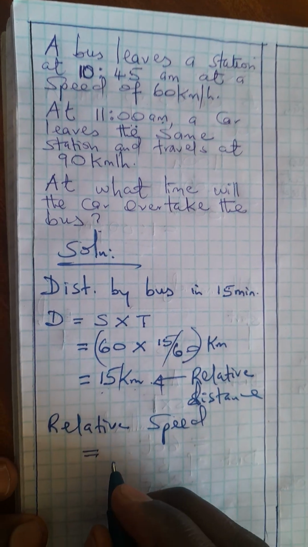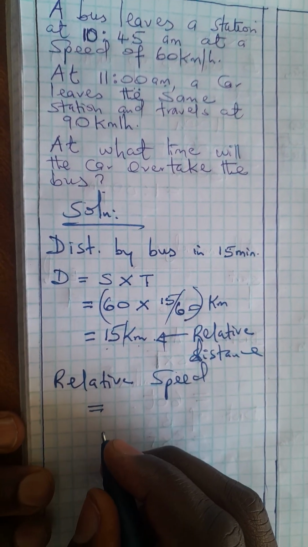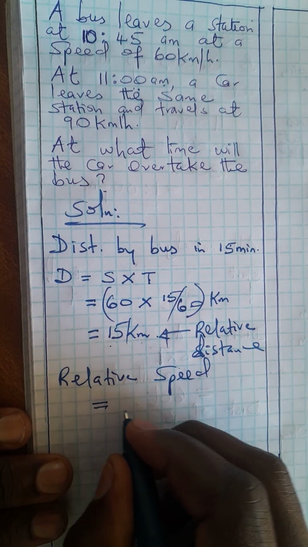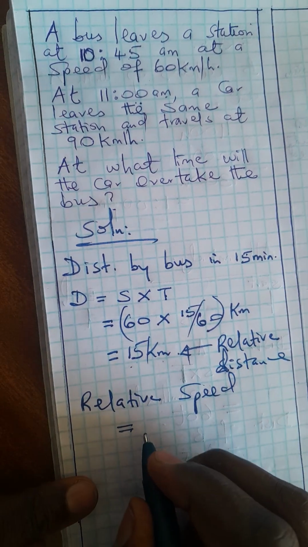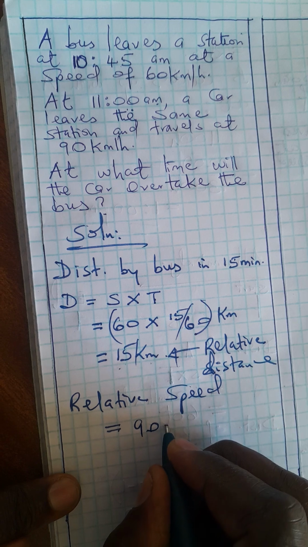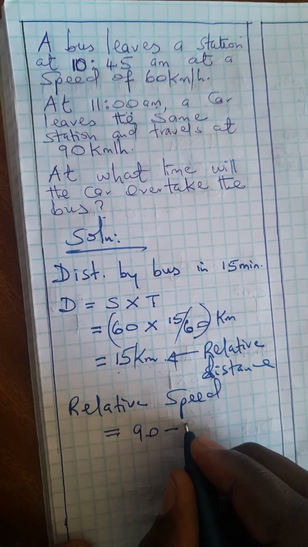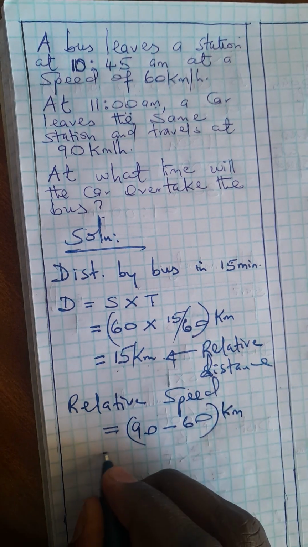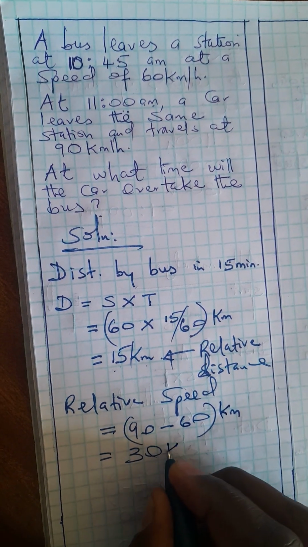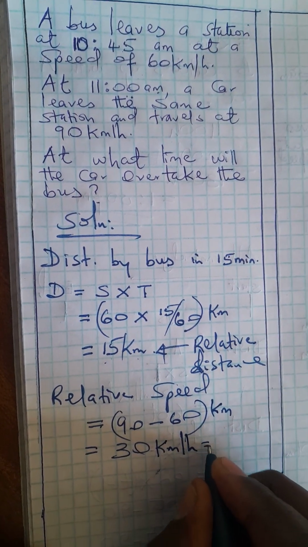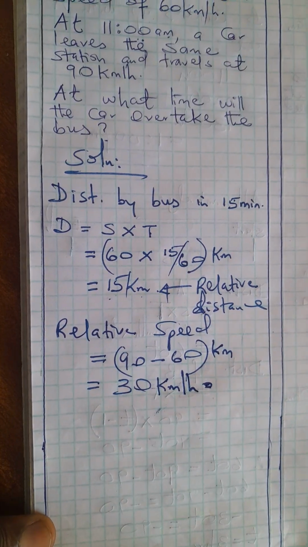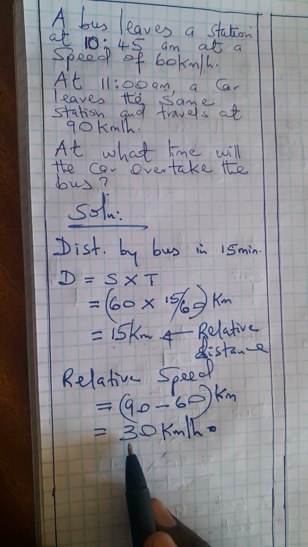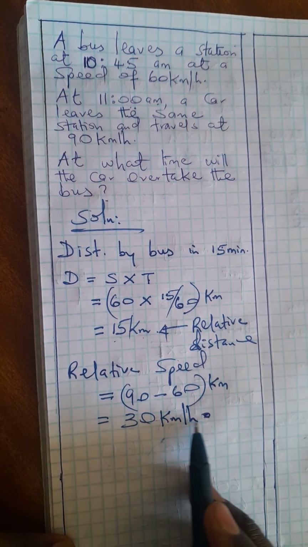If vehicles are moving in the same direction, the relative speed is the difference in their speeds. So the higher speed minus the lowest speed, that is 90 minus 60. This gives 30 kilometers per hour. So when you observe from the car or from the bus, the speed between the two vehicles is 30 kilometers per hour.